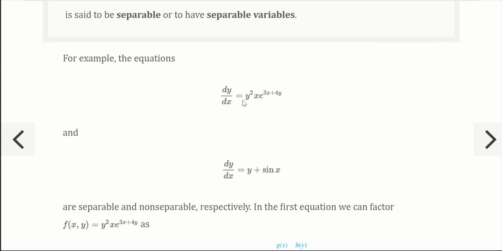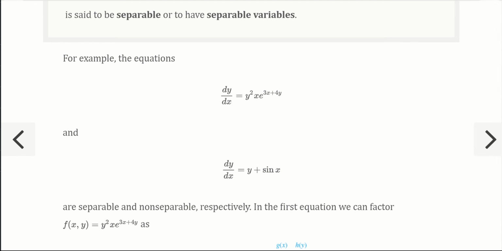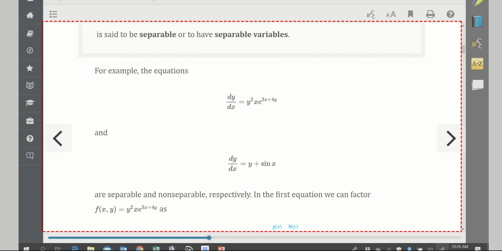This one, for example, would be separable because you have it written as a product of stuff that involves x's and y's. If I wanted to be even a little bit more explicit with this first one, let me do that. So what you would see here is this term, we could rewrite this as e to the 3x times e to the 4y, and then it's possible to rewrite dy dx as follows.